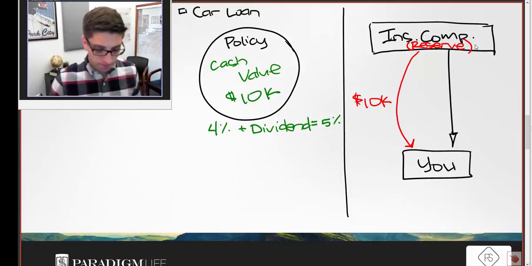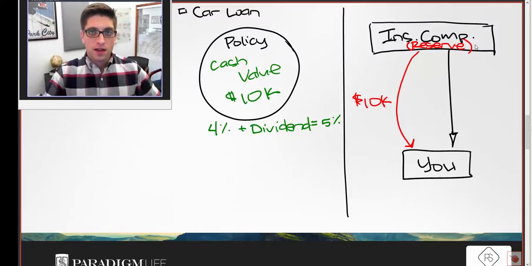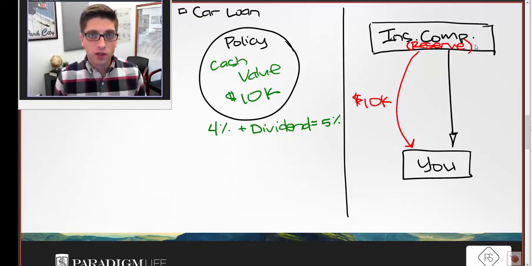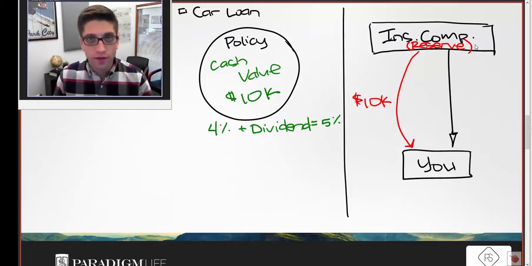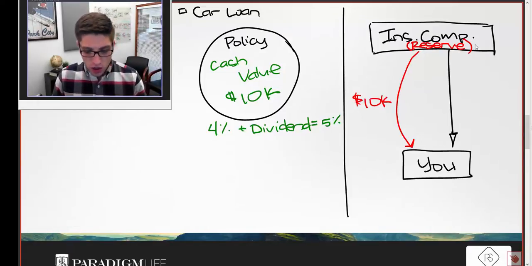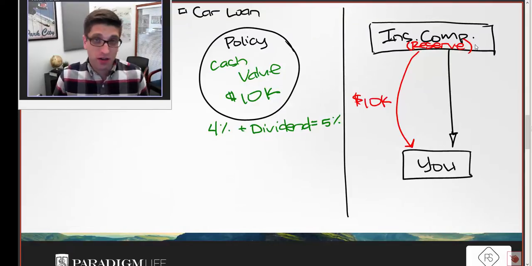In other words, if you take a $10,000 loan, but let's say you pass away earlier than expected, the insurance company will be able to get their money back. They'll take your death benefit, pay off whatever that policy loan is, and whatever's left over in that death benefit gets sent out to your beneficiaries or to your family. So it's a very low risk type of a loan for the insurance company and for you in all reality.